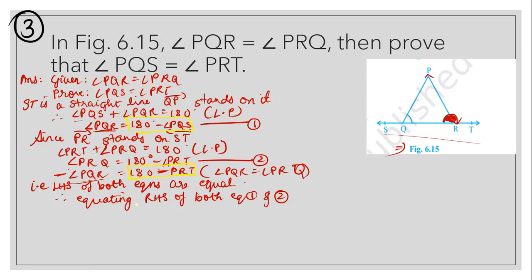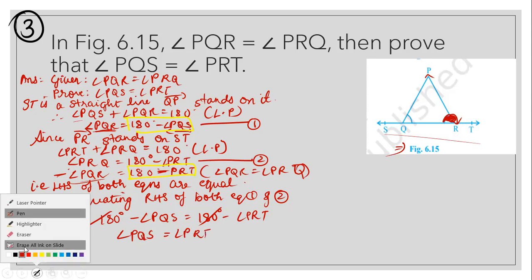So that means 180 degrees minus angle PQS is equal to 180 degrees minus angle PRT, correct? So here 180 is common on both sides, it will get cancelled. So now the minus sign will also go away. Yes, so angle PQS is equal to angle PRT.